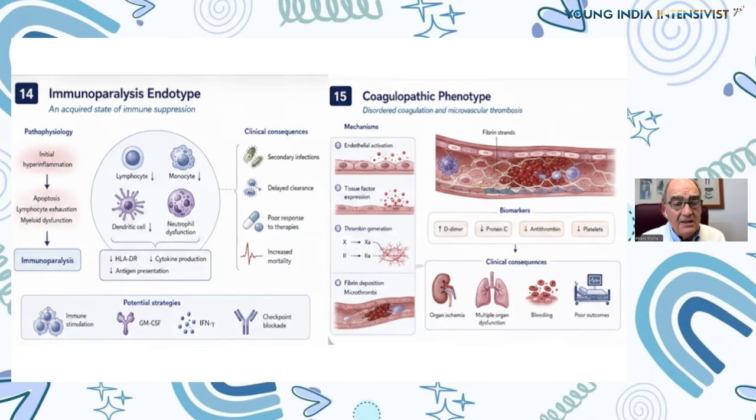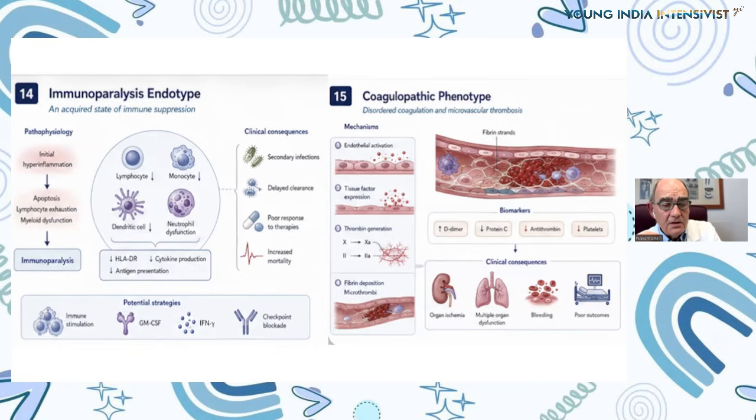The immunoparalysis determines the depletion of the lymphocytes and monocytes and the dendritic cells, all the cells, including dysfunction of the neutrophils, that are our defenses. And this translates into the increased production of cytokines and the decrease of the HLA-DR system. The clinical consequences, I just alluded to previously, are a delayed clearance, a poor response to therapies, and the increased mortality.